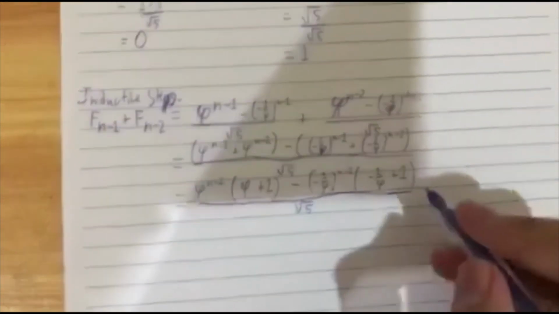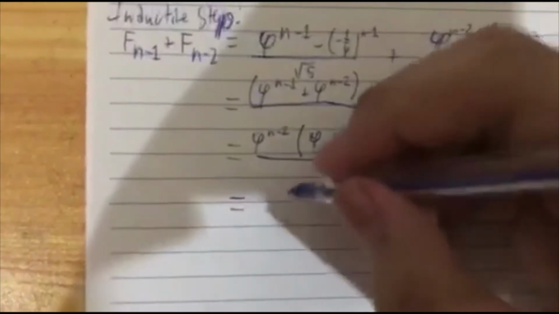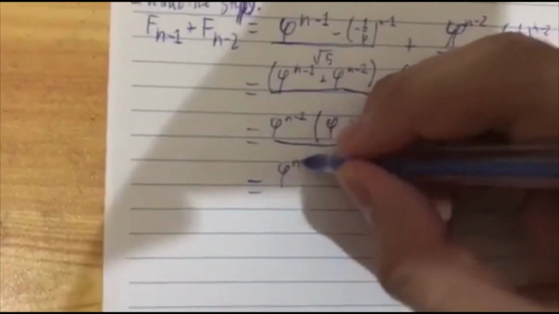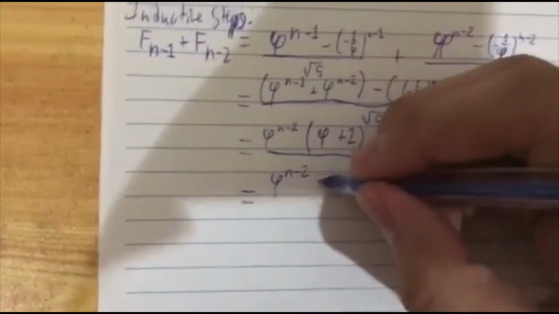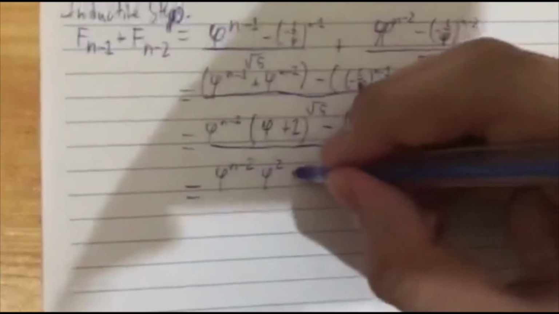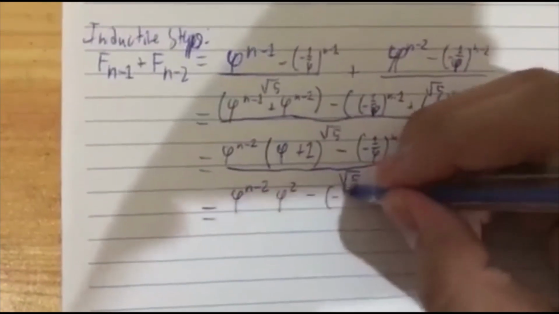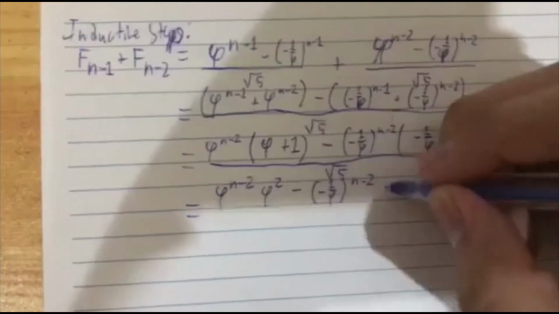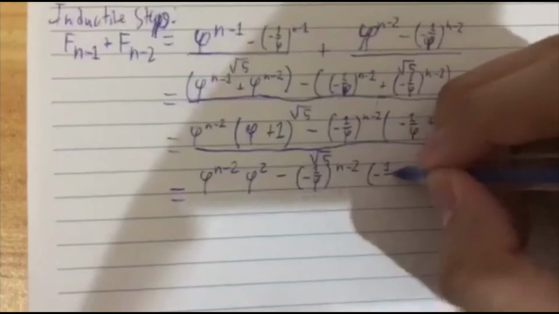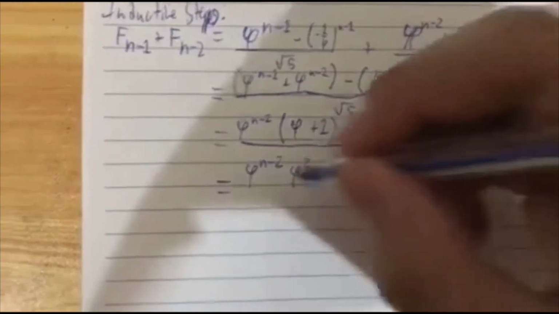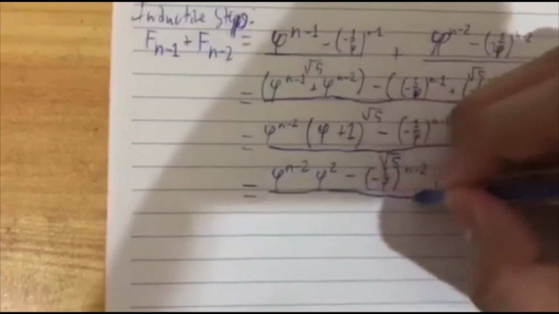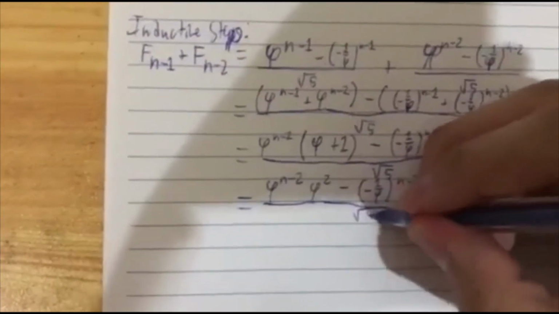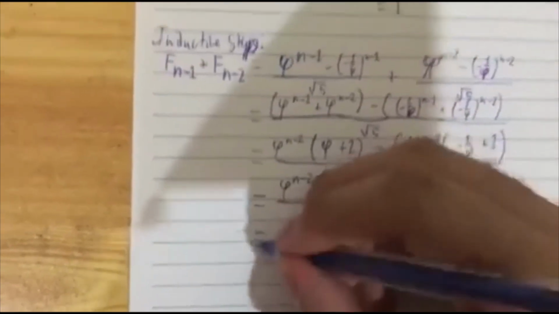Next, we use the identities we saved from earlier. We combine the exponents.